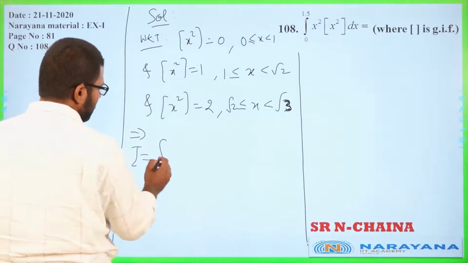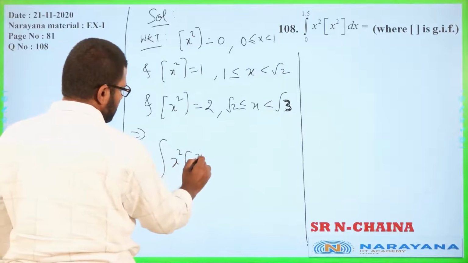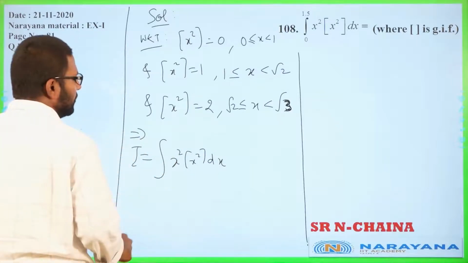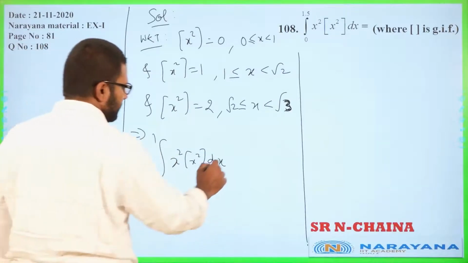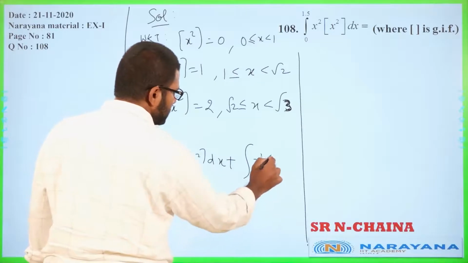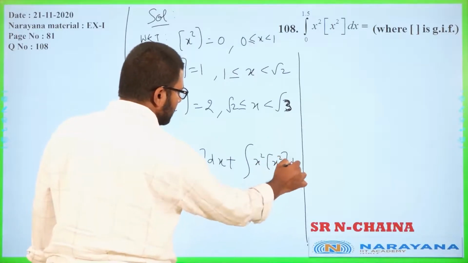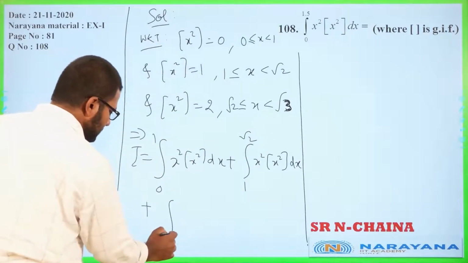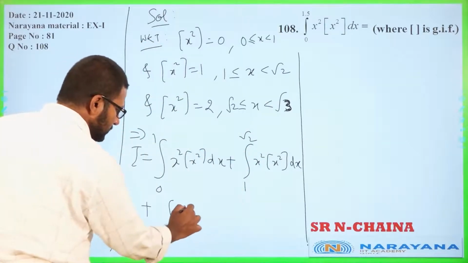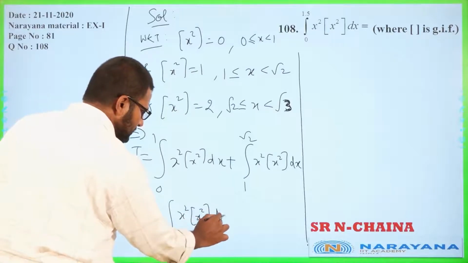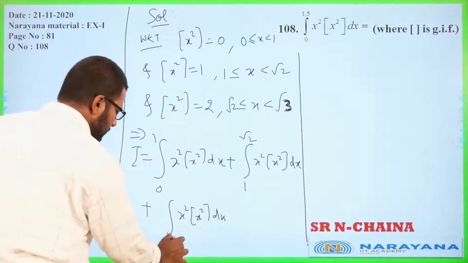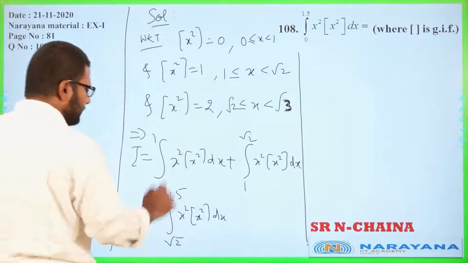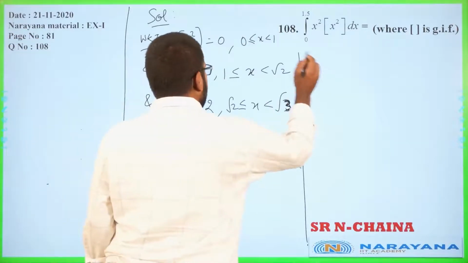I is equal to integral of step x square dx from 0 to 1, plus integral of step x square dx from 1 to root 2, and then plus integral of step x square dx from root 2 to 1.5, right?